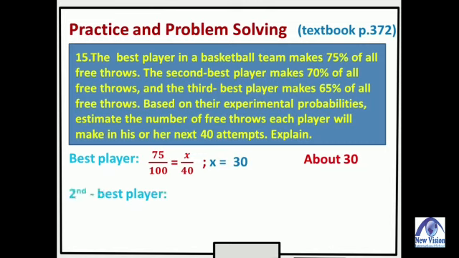For the second best player, it's 70 out of 100 equals y over 40. So multiplying each side by 40, y is equal to 28. So about 28.